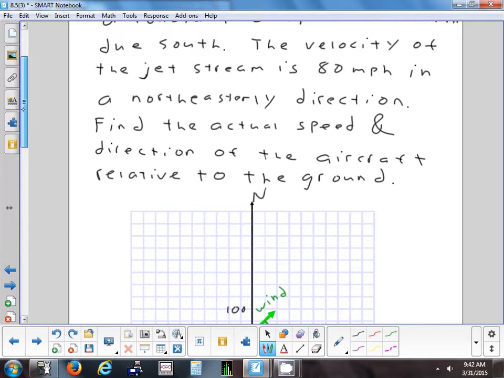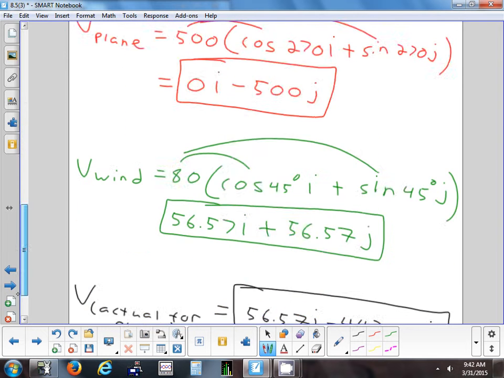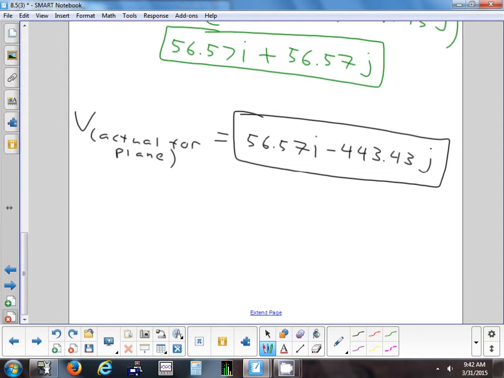Okay, now the question is, find the speed of the plane and the direction. Well, let's find the speed. So the speed of the plane would be the what of this vector? Magnitude? Its magnitude. So find the magnitude of this vector, and that'll tell you if somebody was standing on the ground with a radar gun, how fast it's actually going.